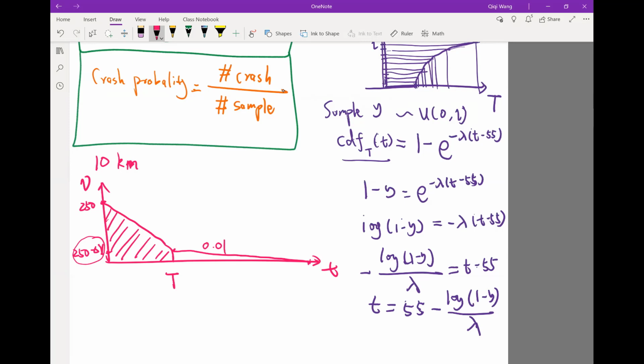So the length over this entire interval is going to be 250 minus delta v, that's the leftover velocity, divided by 0.01. And if we multiply the length by the leftover velocity, we're going to get the distance covered, divided by 2. So that's the triangular area.